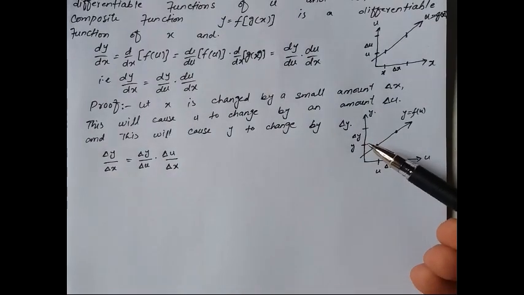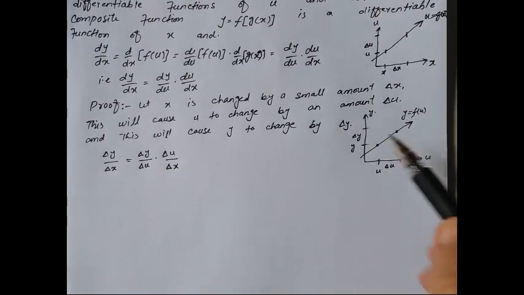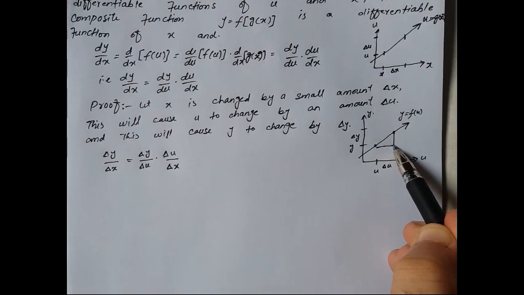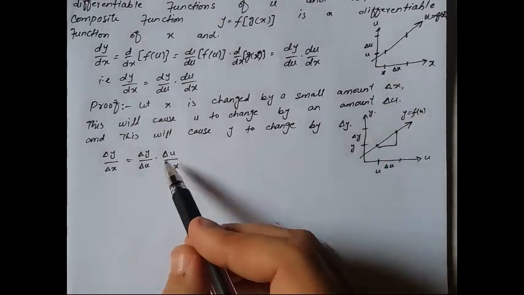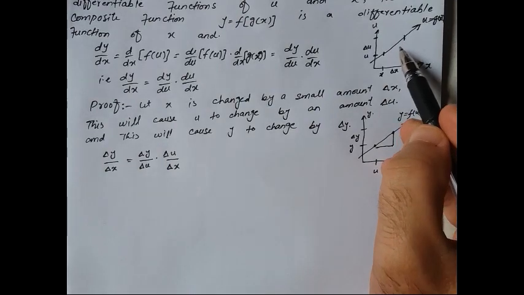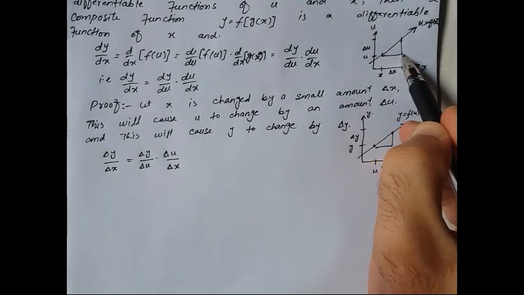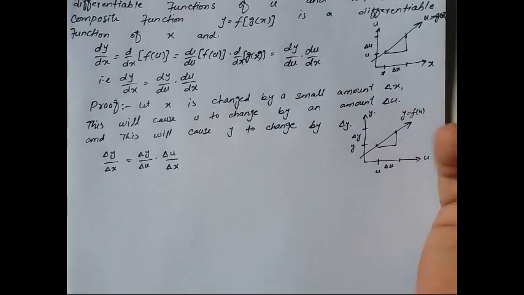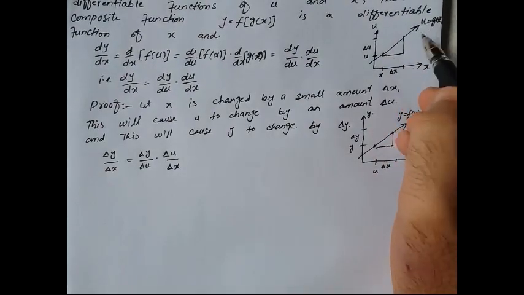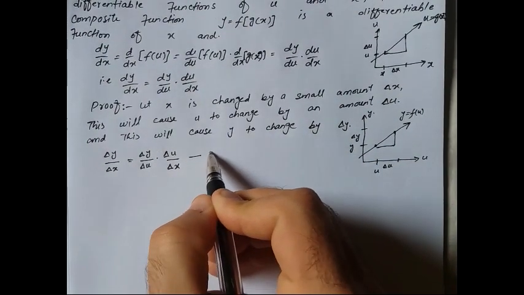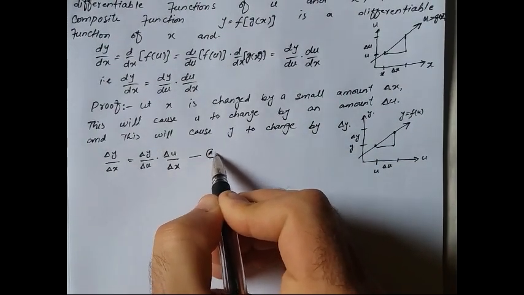This is delta y over delta u, and from here we have delta u over delta x, which is the slope of the function. Taking this as a.